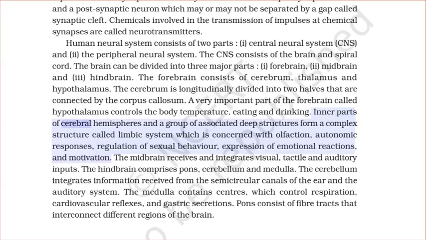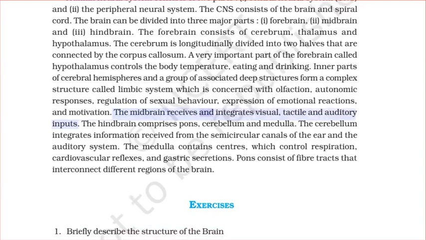Inner parts of cerebral hemispheres and a group of associated deep structures form a complex structure called limbic system, which is concerned with olfaction, autonomic responses, regulation of sexual behavior, expression of emotional reactions, and motivation. The midbrain receives and integrates visual, tactile, and auditory inputs.